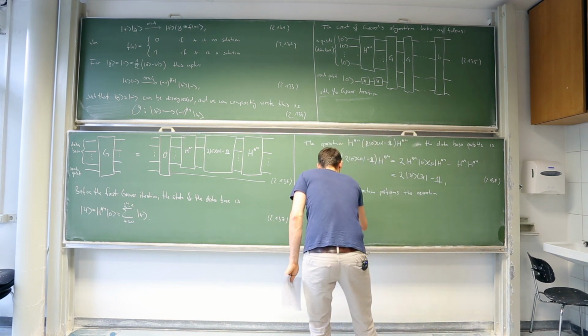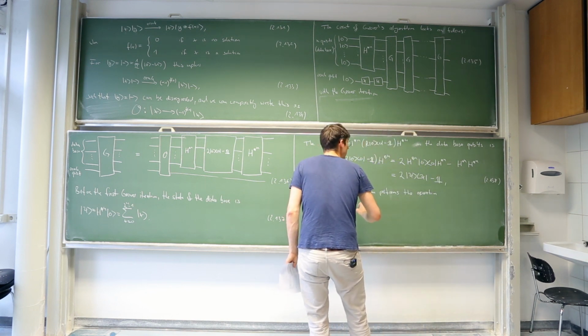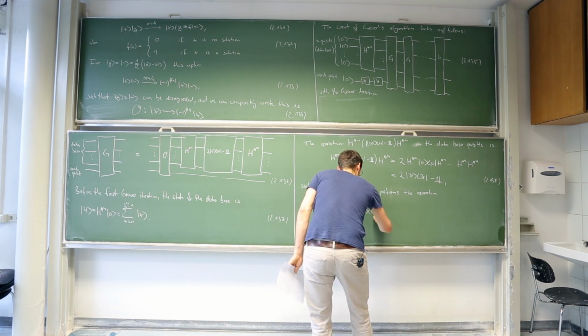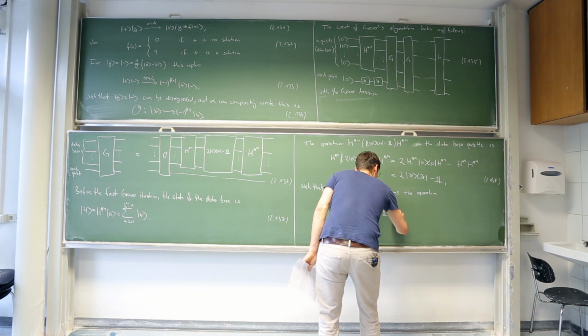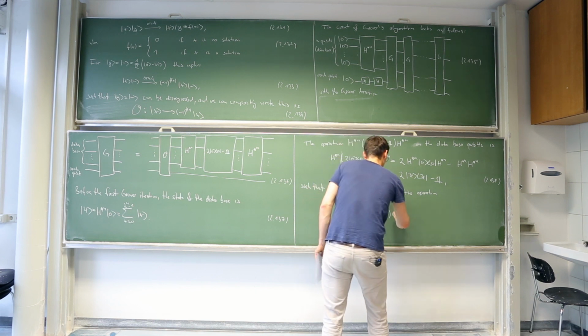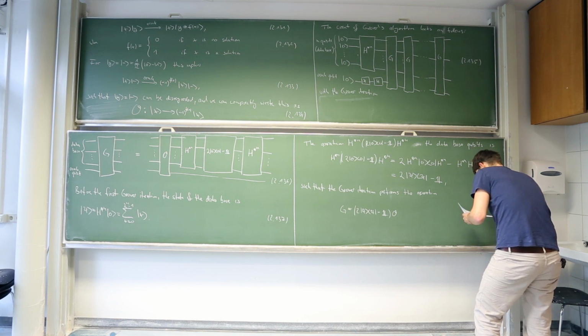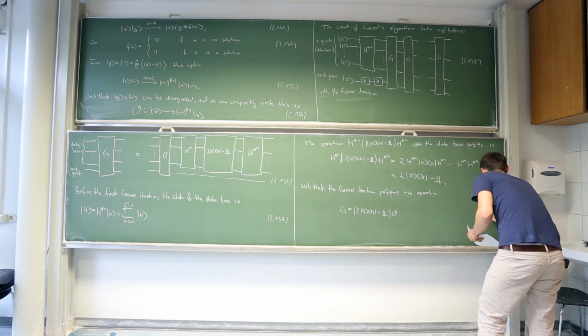Now we call this G. So it does this here, 2 psi minus identity, and before that it does the oracle call. So this is 2.139.